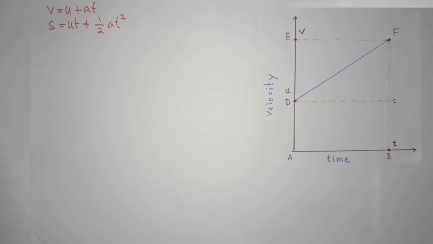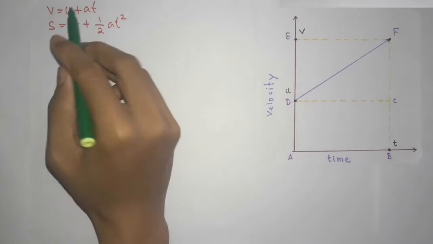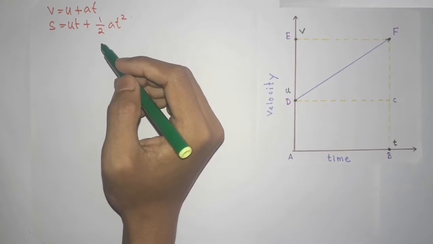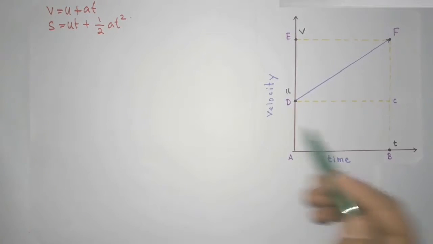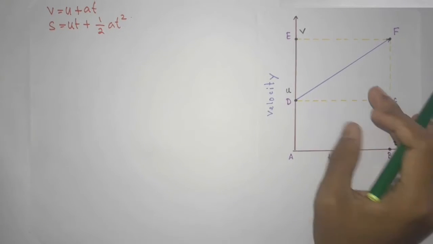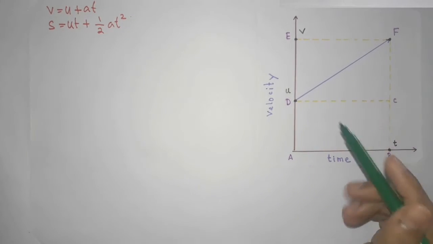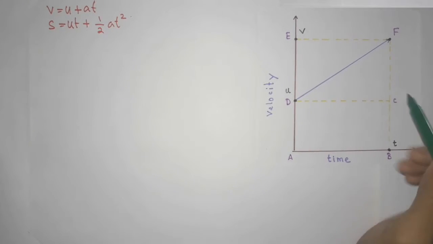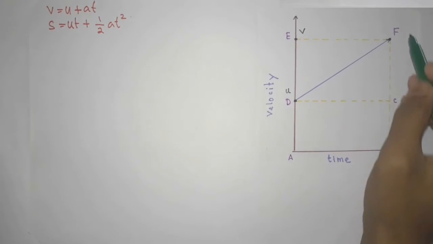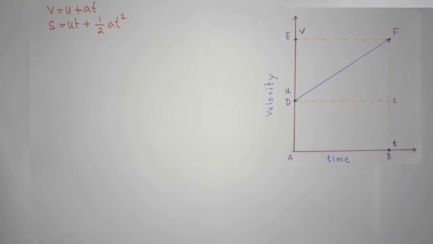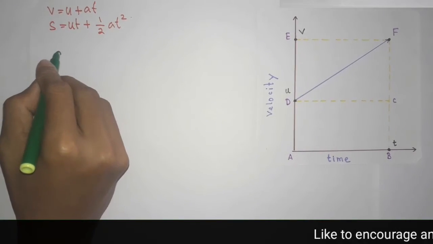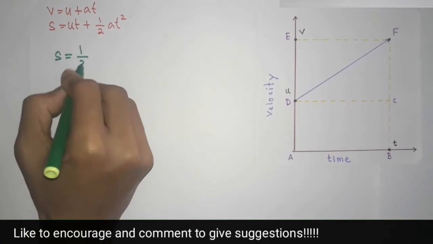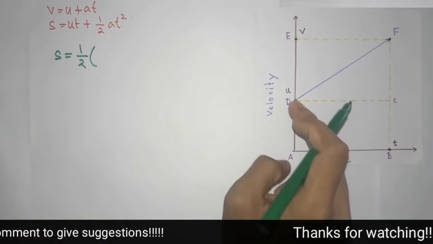Till now, we have proved two equations of motion, that is v is equal to u plus at and s is equal to ut plus half at squared. Before, we considered the area as the area of this triangle plus the area of this rectangle. Now we are going to consider the area of this trapezium, that is ABFD. The area of a trapezium is half into the sum of the parallel sides into altitude.